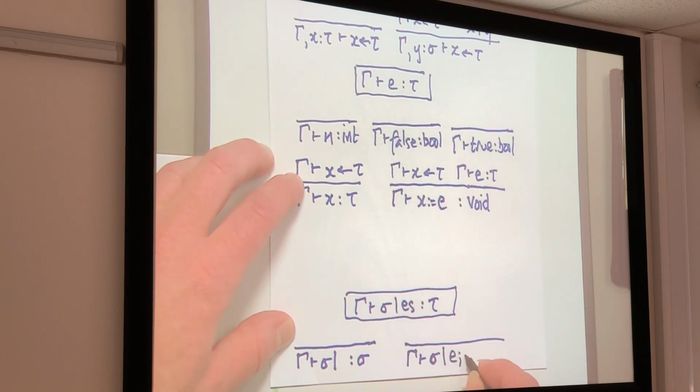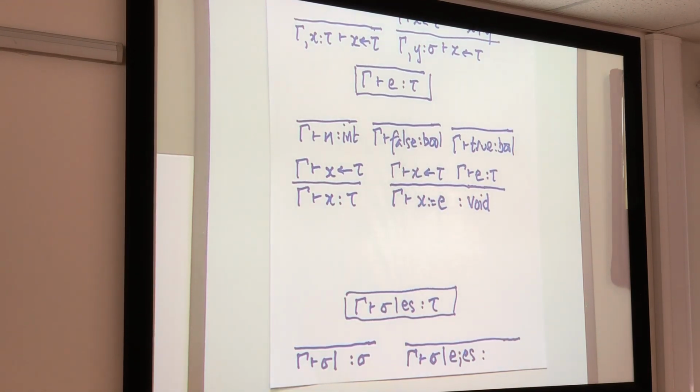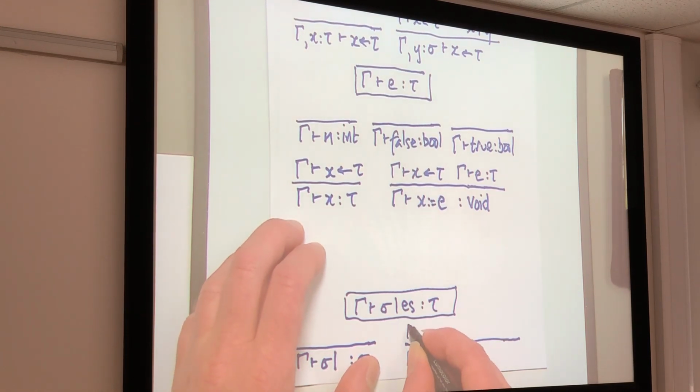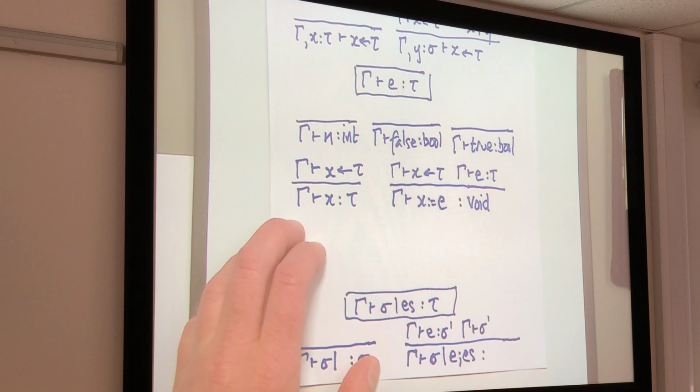And otherwise, we've got a non-empty block, and we have to say what type it has. So what we do is we figure out the type of E, and then we install that, so that's some sigma prime. We install sigma prime as the last thing we've seen before we start E's, and out comes tau.